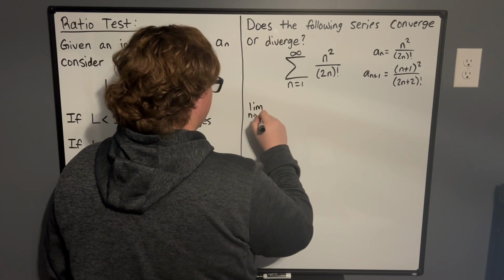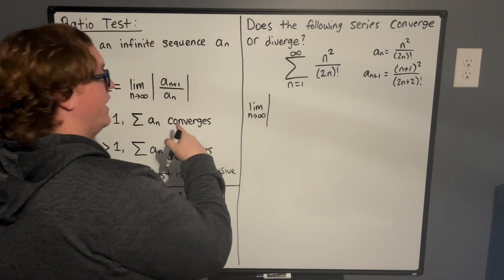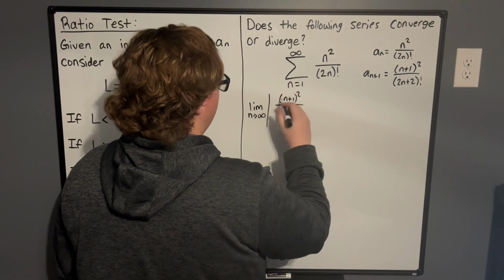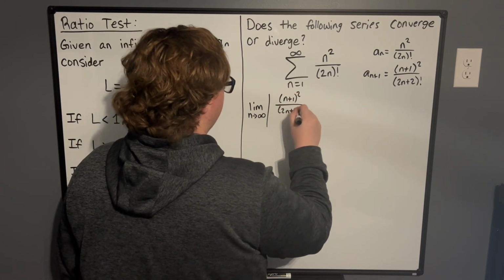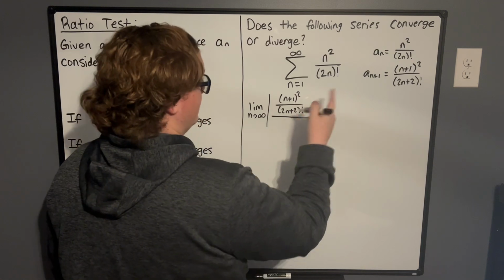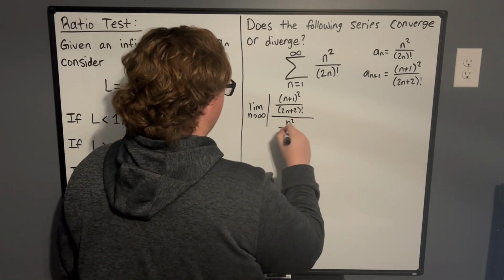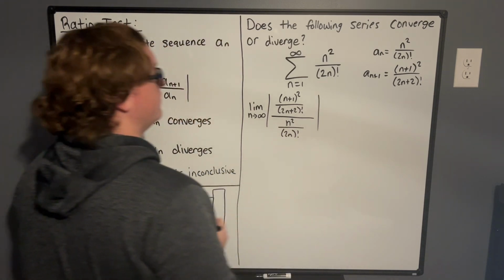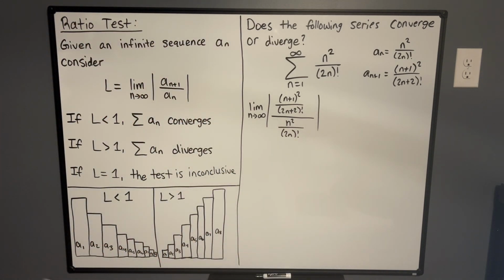The limit is n goes to infinity. Absolute value, a sub n plus 1 is all of this, n plus 1 squared over 2n plus 2 factorial, and all of that is divided by the original a sub n, so n squared over 2n factorial. Again we have this nested fraction.